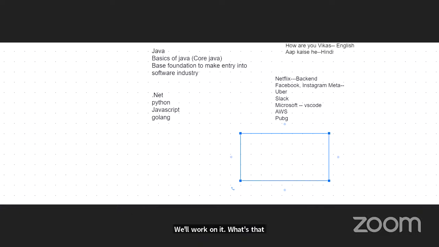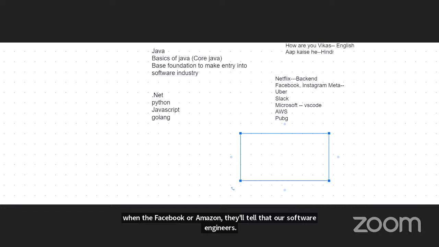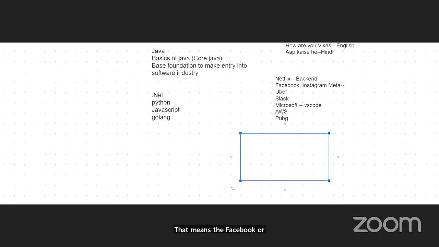So if you see any post, when Facebook or Amazon tell that they want software engineers, that means they are developing AWS. Amazon is developing AWS, Amazon Web Services. So those servers will be developed by the software engineers. Now what will the software developer do? He'll take help of that software, AWS, and he'll develop his applications or servers.